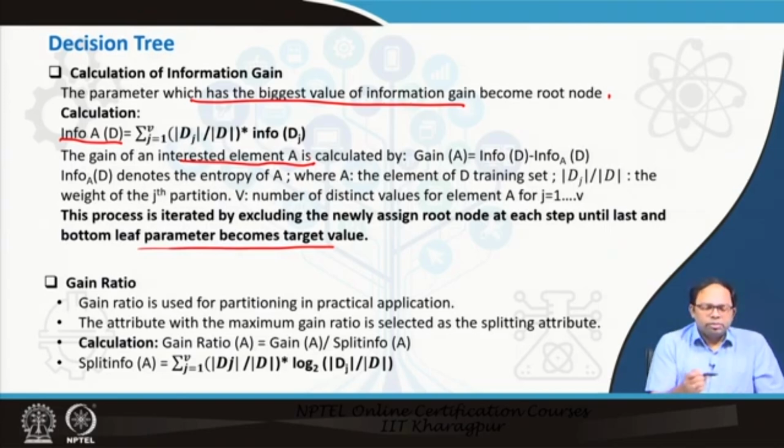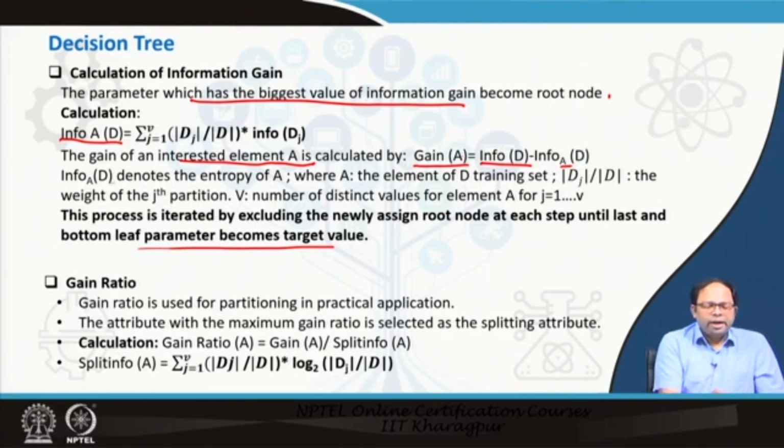When we use income as the element of interest A, we have to calculate the total information gain, which is Info(D), the information or entropy of D, minus Info_A(D), the information when we use A. That means, without using A and then using A, what kind of entropy there is, and the difference between them gives us the information gain.